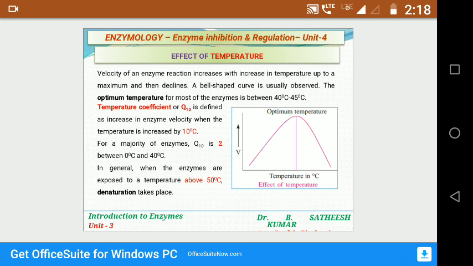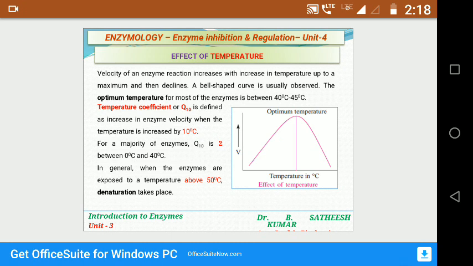At higher temperature, the interaction between amino acids will be disrupted. Therefore the structural integrity will be lost at higher temperature. So at higher temperature the enzyme activity will be less. At lower temperature also the enzyme activity is less.